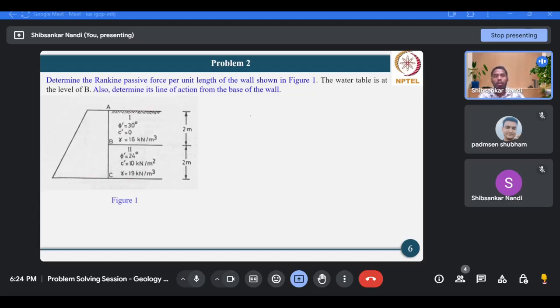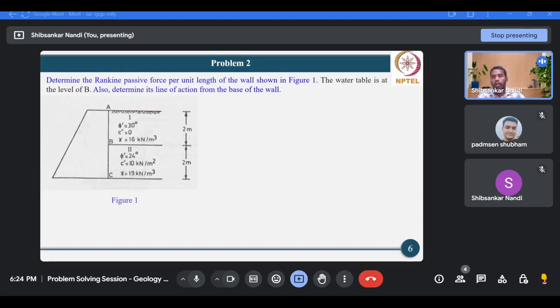So this is the figure. The water table is at the level of B, and at the same time we have to determine its line of action on the base of the wall. That means we have to calculate the resultant force as well as its line of application from the base of the wall. The wall is basically retaining two layered backfill. The first layer is purely cohesionless.